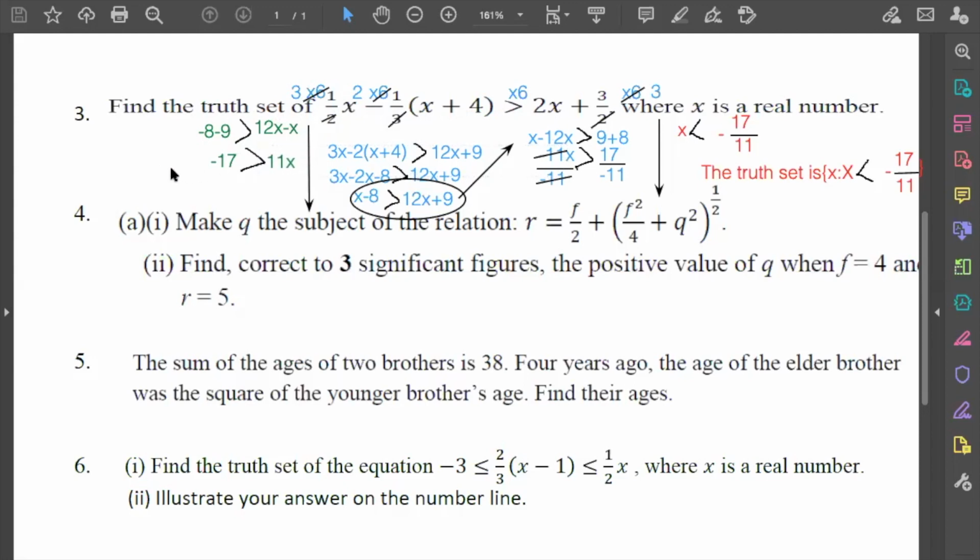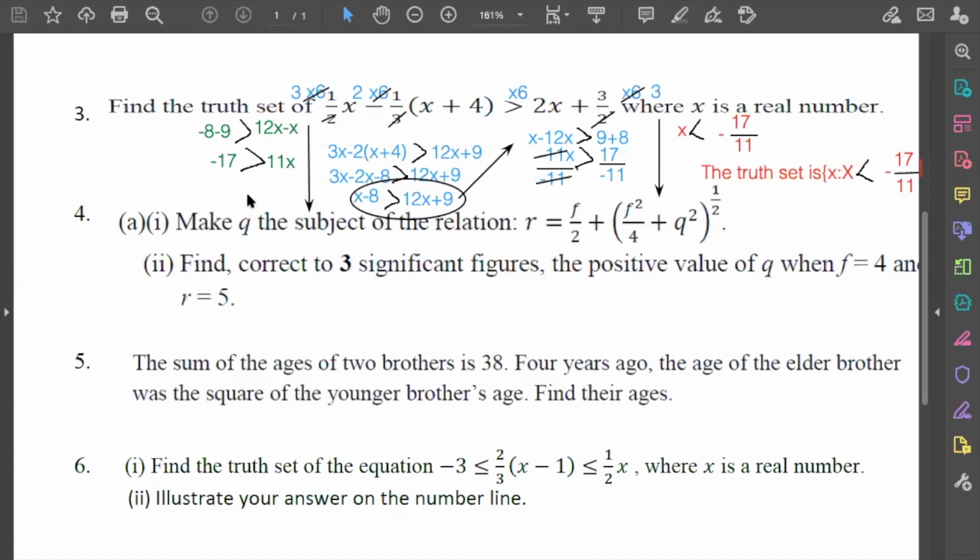Now, how do I make x stand alone? Divide both sides by 11. I want x to stand alone. So if I divide again by 11x, it means everything is going away.